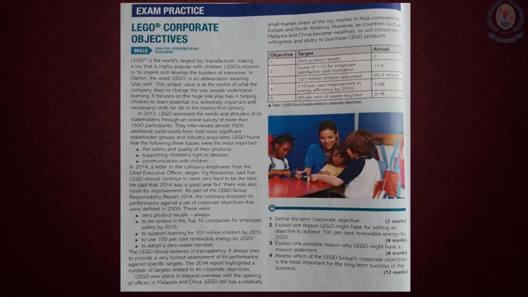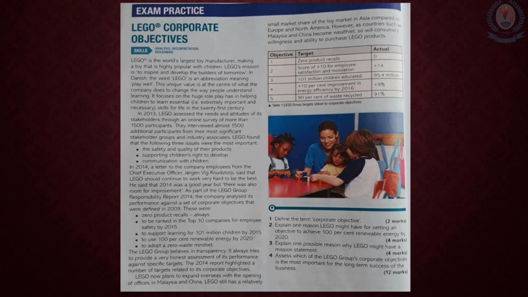So when you are answering a case study, first read the questions carefully, paying attention to the command words and the marks as well. After that, read the case study carefully and use a pencil to underline the important facts which are useful in writing answers for these questions.